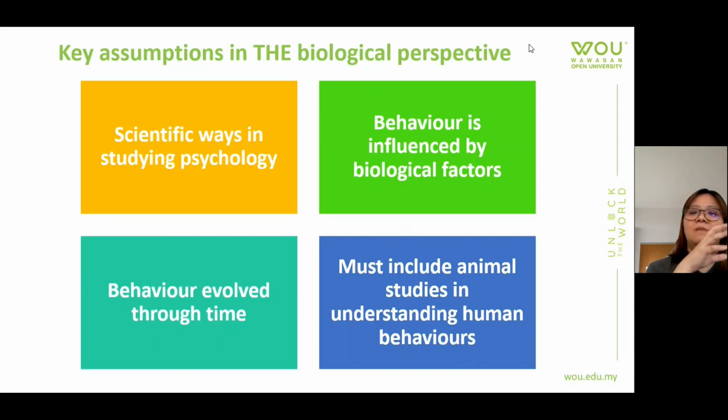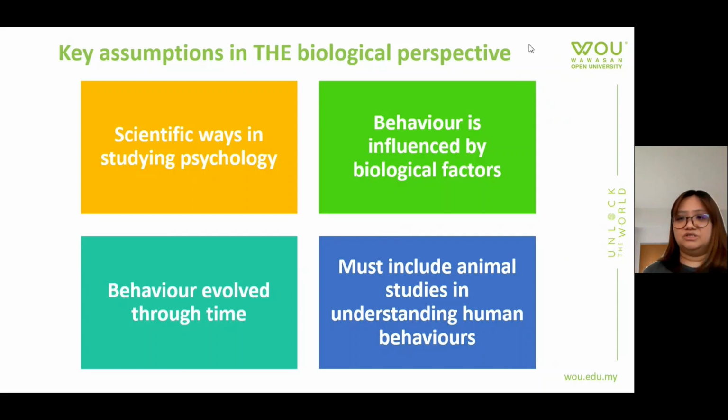So lastly, we must include animal studies in understanding human behavior. Like what we can see from their early works, they used a lot of different animals as their target observation objects, like chimpanzees, ants, even human beings.